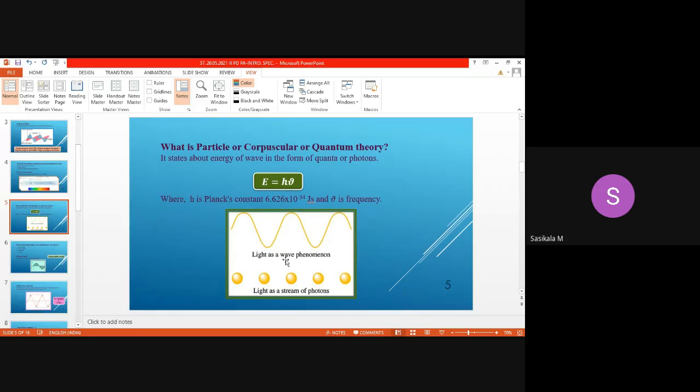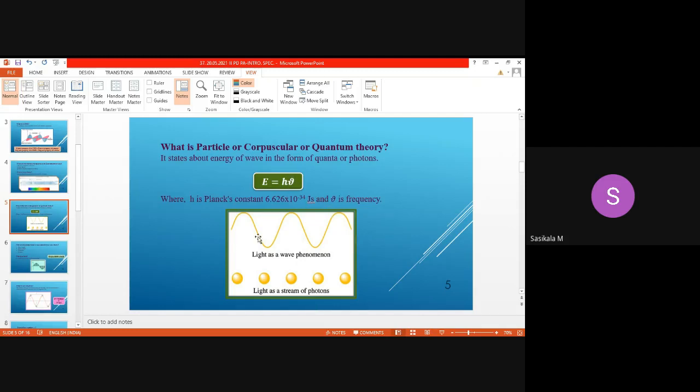Now you can see the two properties a wave exhibits. One is wave property, another one is particle property. Particle theory is represented with corpuscular or quantum theory, since it is represented with quanta or photons. Energy of a wave is in the form of quanta or photons, one photon or one quantum.